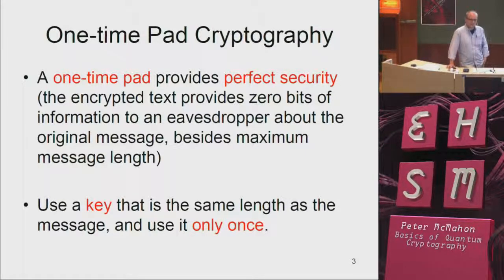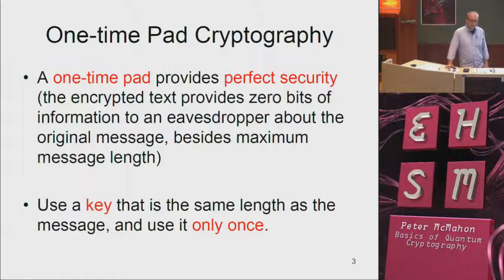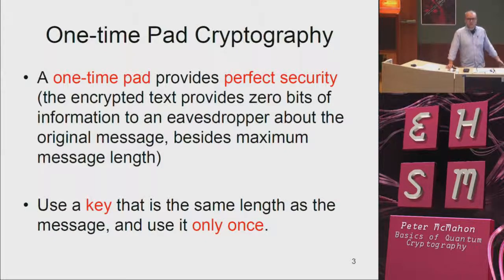What this means is that if you've encrypted your text with a key in a way that I will describe, and you only use that key once, then you in some sense get perfect security, in that the encrypted message provides 0 bits of information about what is contained in that message. Basically the only information that an eavesdropper would get if they intercepted the message was some limit on how long the message could possibly be.